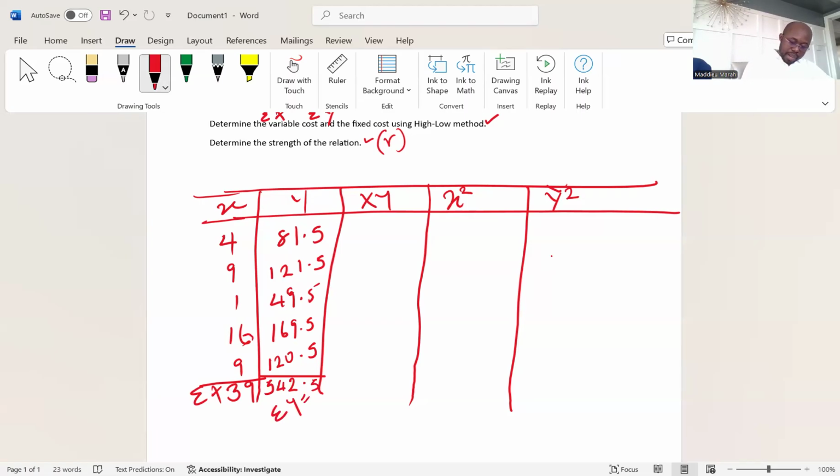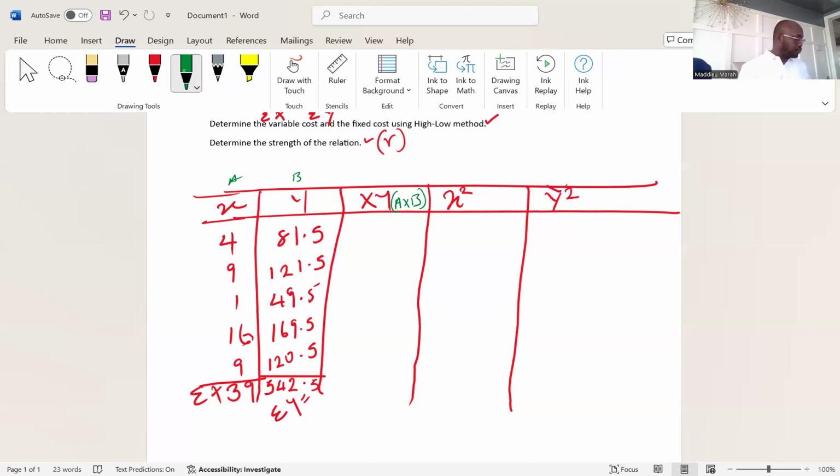Now xy. My xy is equal to x multiplied by y. Let's say this is A and this is B, and my xy becomes A multiplied by B. So 4 multiplied by 81.5, 9 multiplied by 121.5.